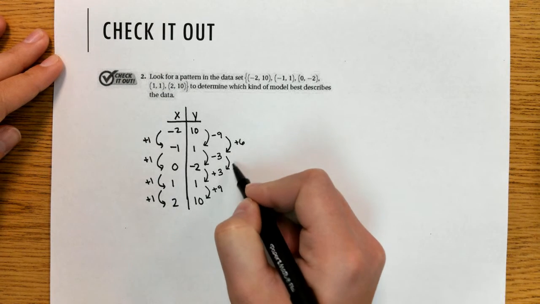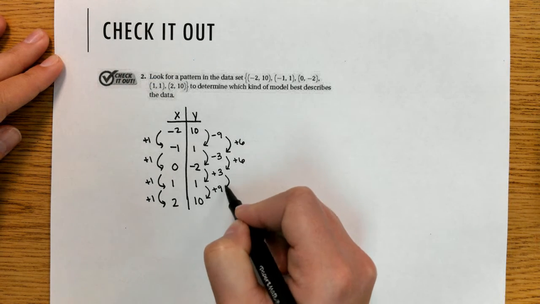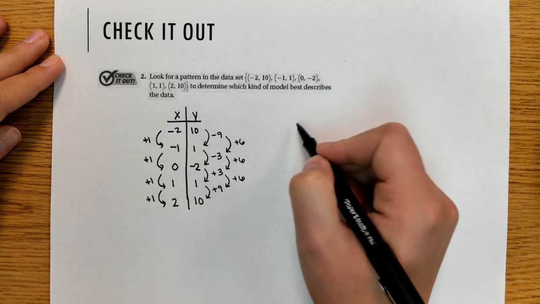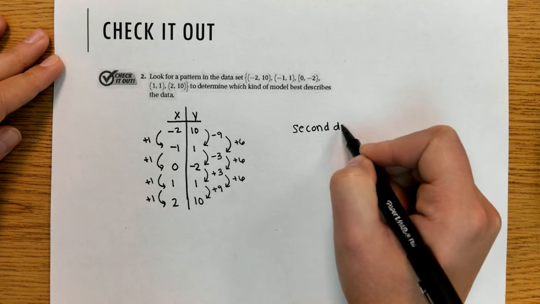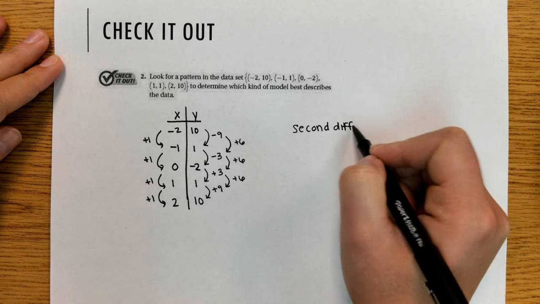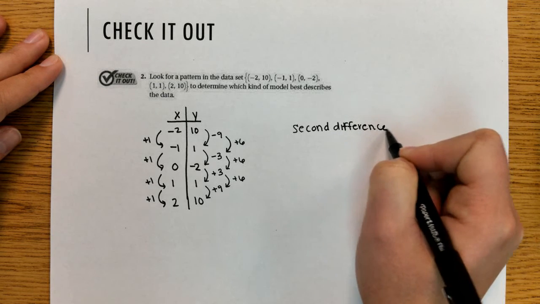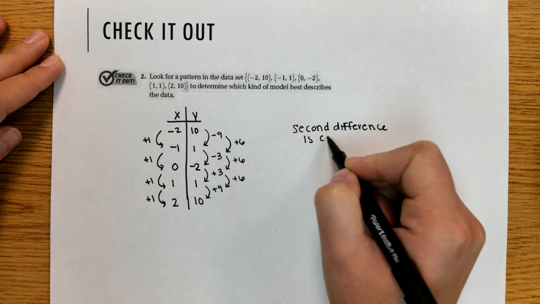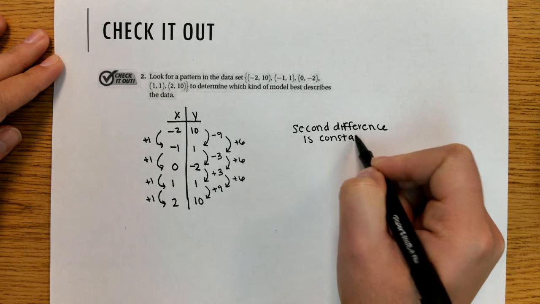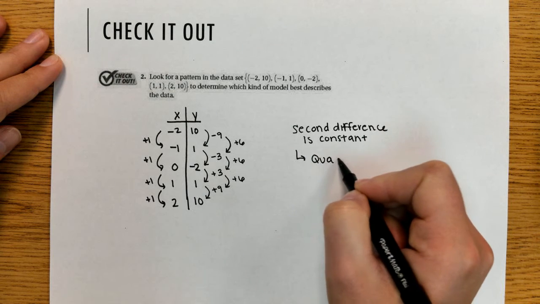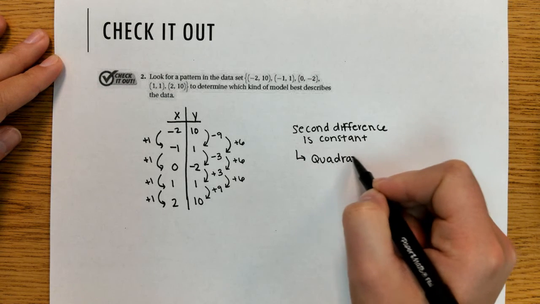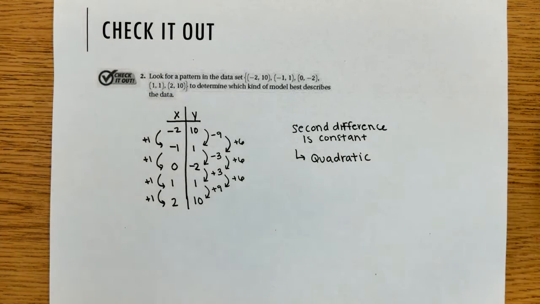From -3 to +3, I add 6. And 3 to 9, I add 6. So we have a second difference that is constant. So second difference is constant. So this is going to mean this relationship, the data set, is quadratic.